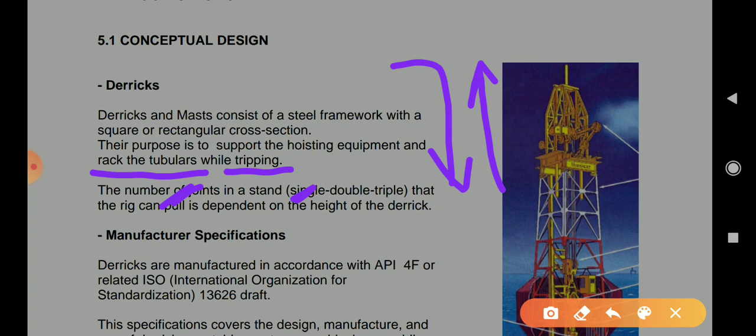It is the process of putting pipe inside the well or taking it outside the well. If you put it inside the well, we call it tripping in. If it is the reverse, taking it outside, it is tripping out. So tripping is the process up and down. Okay, and racking back the tubulars.